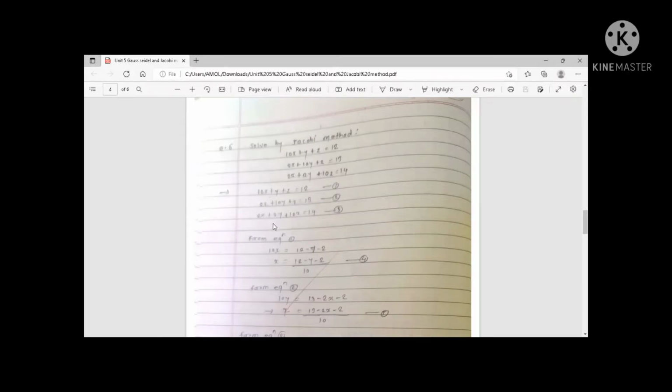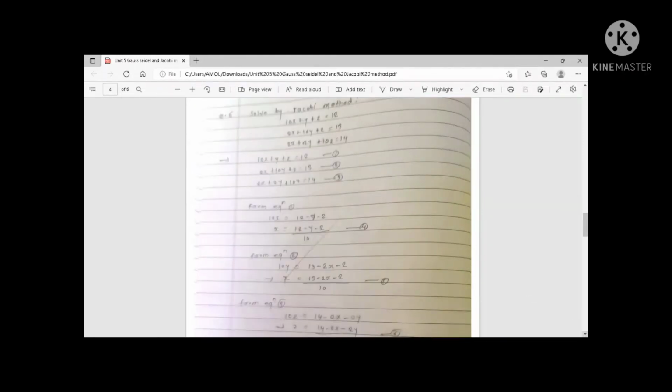In the third equation also the maximum coefficient is 10 as compared to the coefficients of x and y. The coefficient of z is the big value, so you find the value of z. Means in every equation you first find the maximum coefficient and then you find the value of that particular variable in that equation. That is the condition, that is the way to find the values of x, y, z.